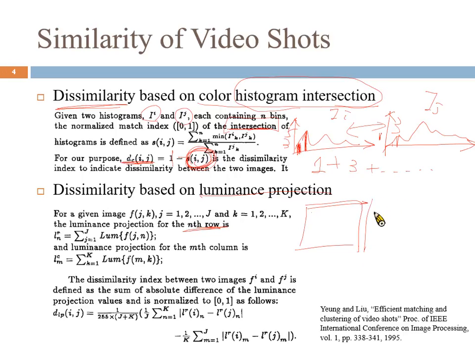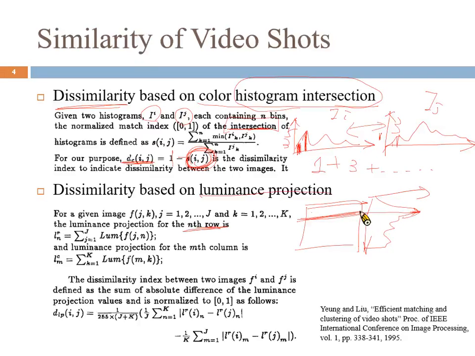So we may get a horizontal projection like this. That means at this row we have more pixels with larger intensity, so that we can have a higher projected value.